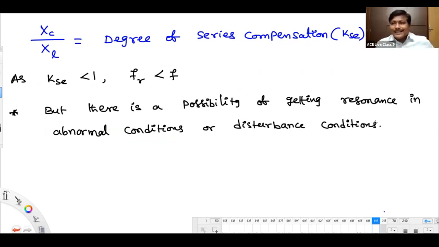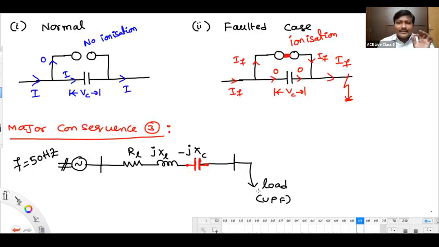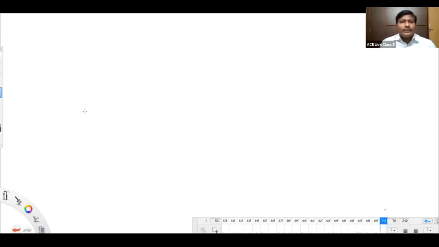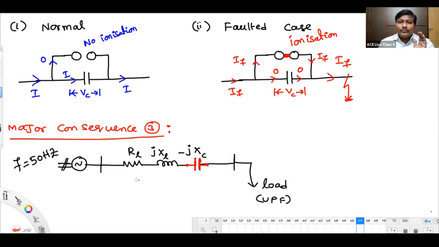I'll tell you, just listen to me. See, whenever a disturbance occurred on the system, during the disturbance we have transient currents.